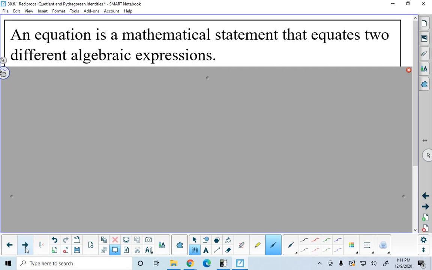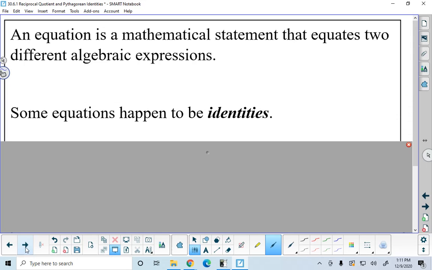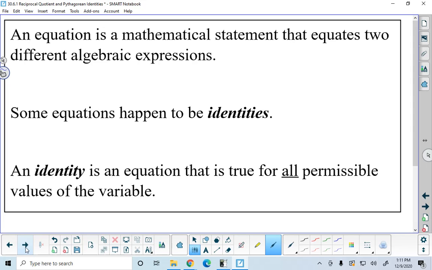an equation is a mathematical statement that relates or equates two different algebraic expressions. If you look in warm-up 1, that was an equation. If you look in warm-up 2, that was an equation. An identity is a specific type of equation. An identity is an equation that is always true.